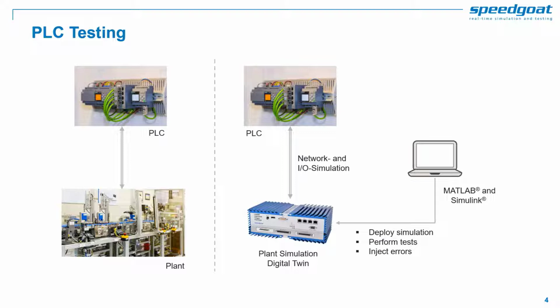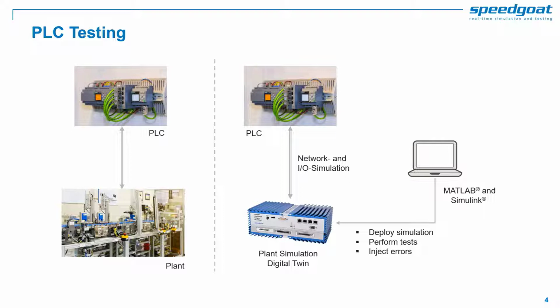The only hardware required is a SpeedGoat real-time target machine performing the digital twin of the real plant. I/O modules emulate all connections to plant devices, from digital input-output to Ethernet-based industrial protocols. You use MATLAB and Simulink for model-based development of the plant simulation, and follow the Simulink Real-Time workflow to deploy your application to the target machine.